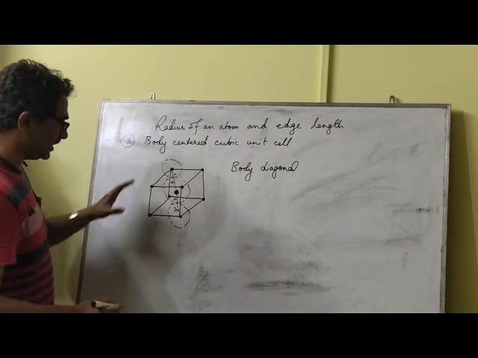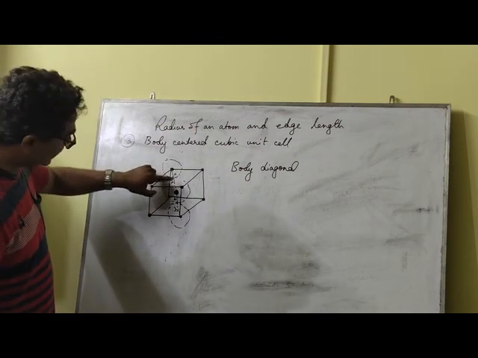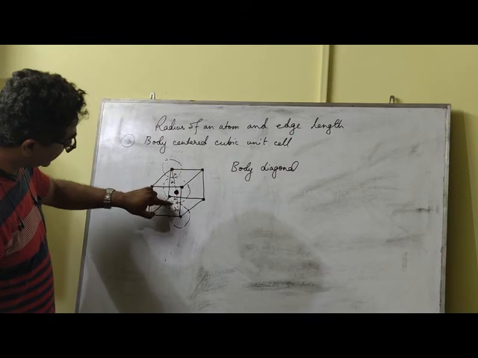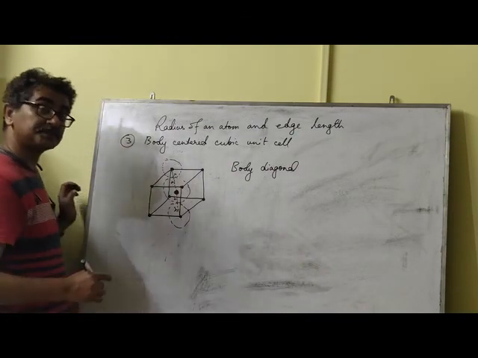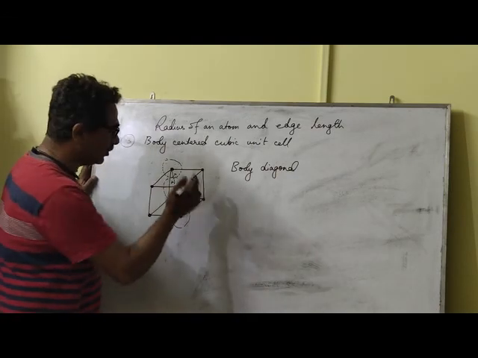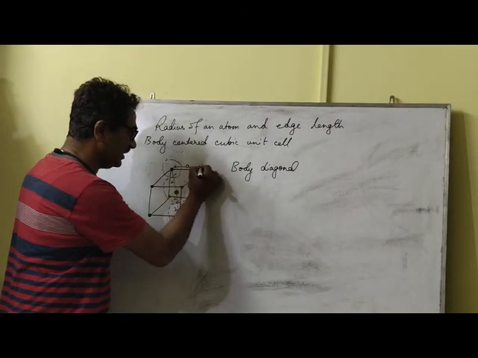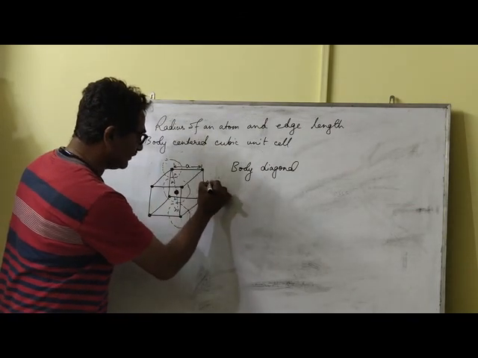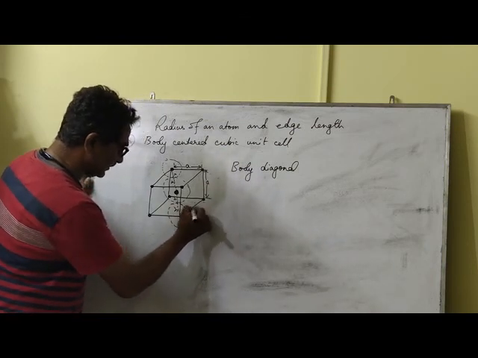So in this particular diagonal there are 4r, you can see it, one r from here, another here, another here, another here. And what are the different edges? Since it's a cube, every edge is of length a. So this is a, this is even a, even this is a.